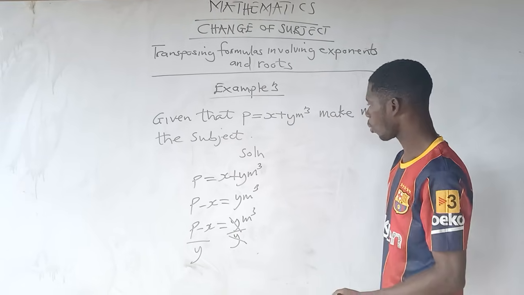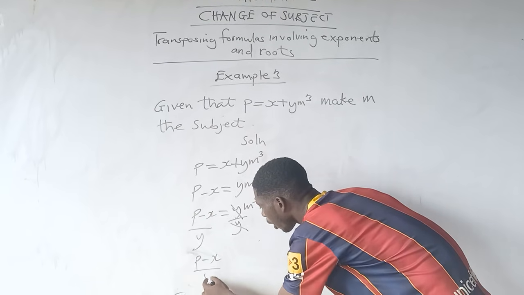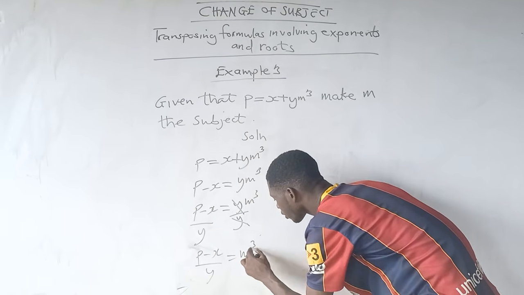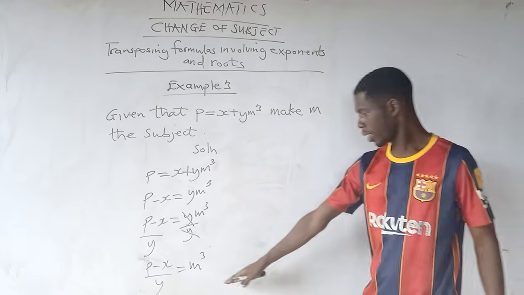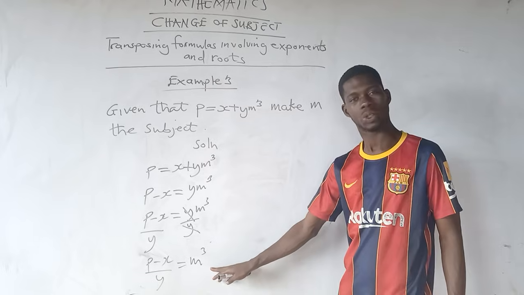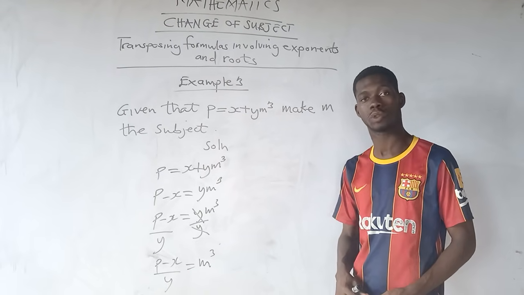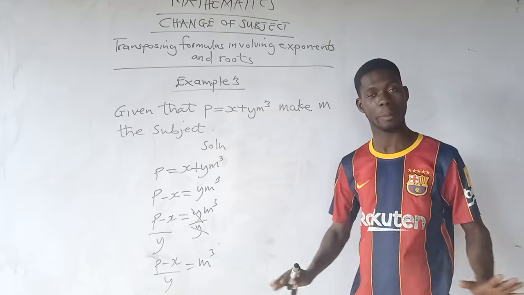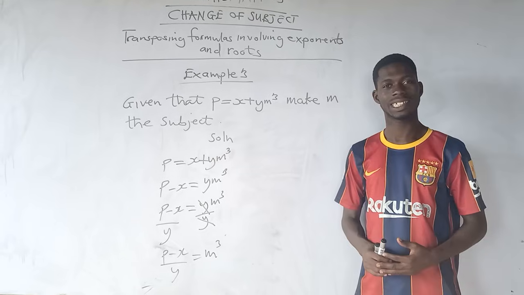So now we have p minus x over y equal to m to the power 3. So we are looking for m, not m to the power 3 or m cube. We are looking for m. So what do you have to do?